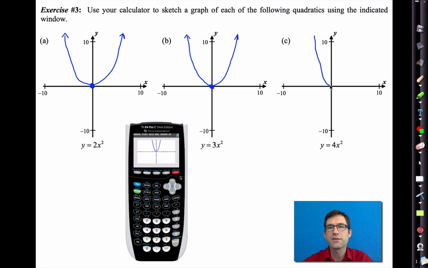It opens upwards, and it passes through the origin. And there is a difference in the shape, obviously. They're actually getting progressively thinner, if you will. And we'll talk about that in a later lesson in terms of stretching the parabola. But right now, what I really want you to see primarily is that they all open upwards.